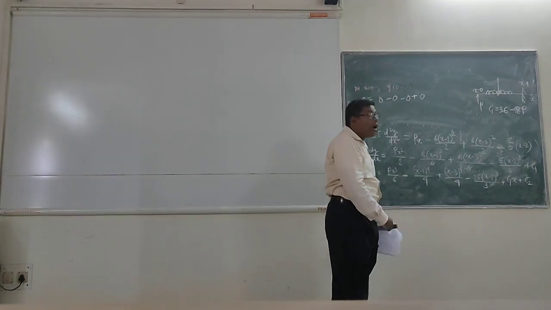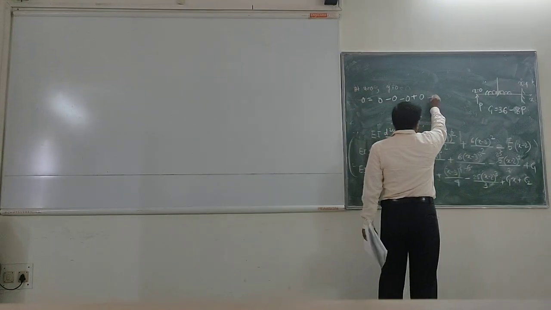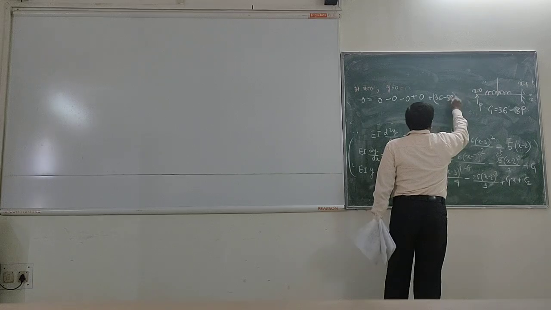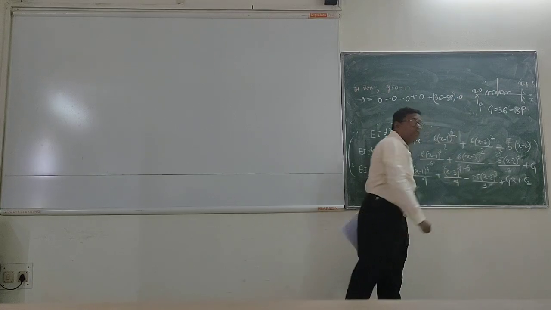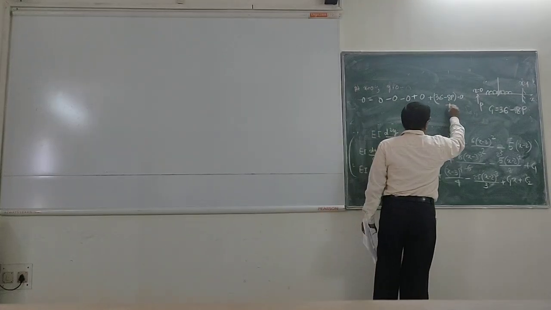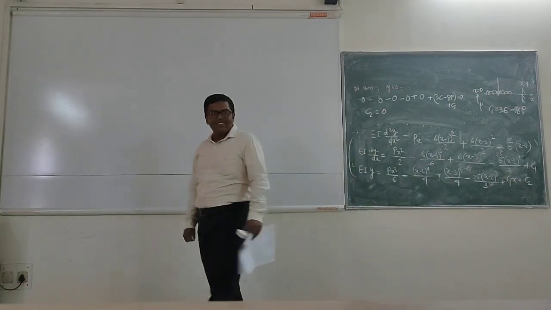C1x. What is the value of C1? So you should put the C1 value. So what is the value of C1? C1 is 36 minus 8p, right? Multiplied by 0. So this will give you 0. Plus C2. Got it?